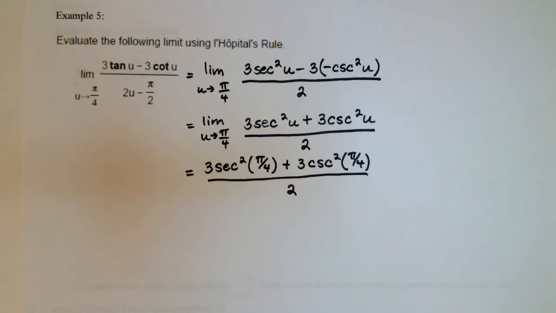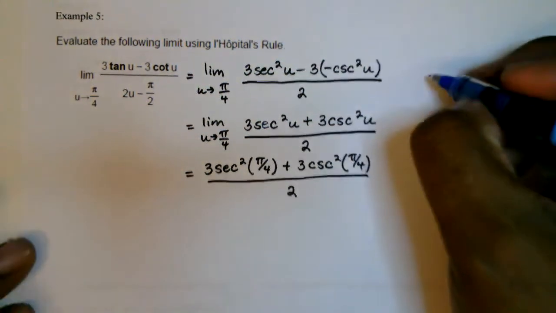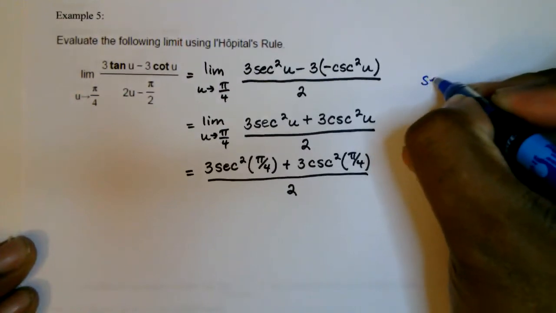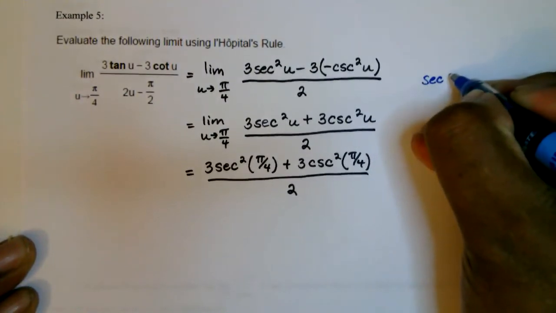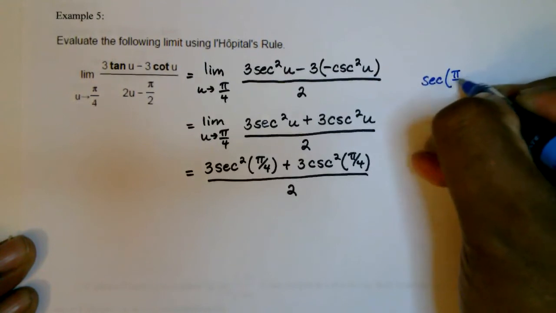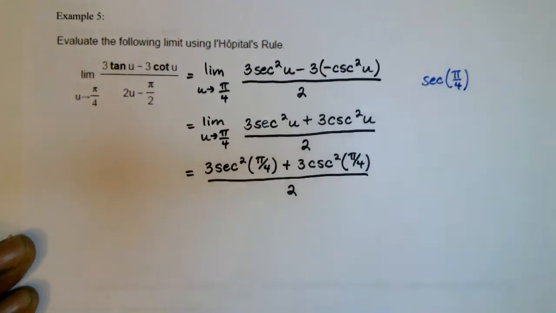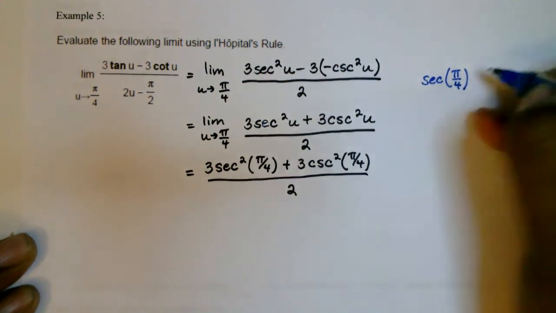Now off to the side, I'm going to evaluate secant of pi over 4. First of all, let's talk about the secant of pi over 4, and if I can figure that out, I'll just square that. All right, secant of pi over 4, I know something about a reciprocal identity for the secant.